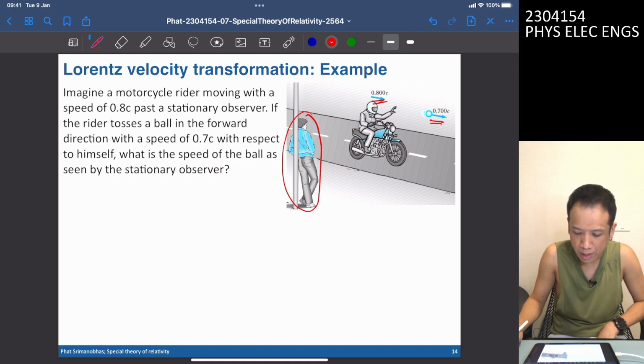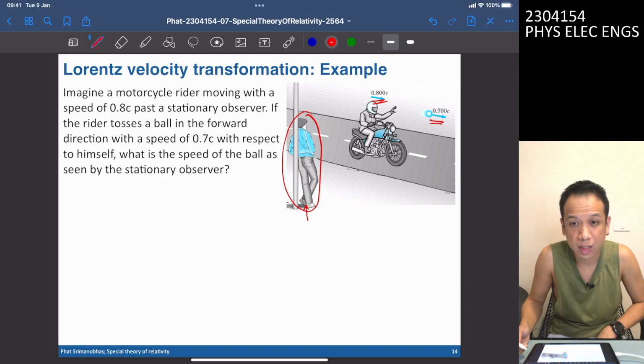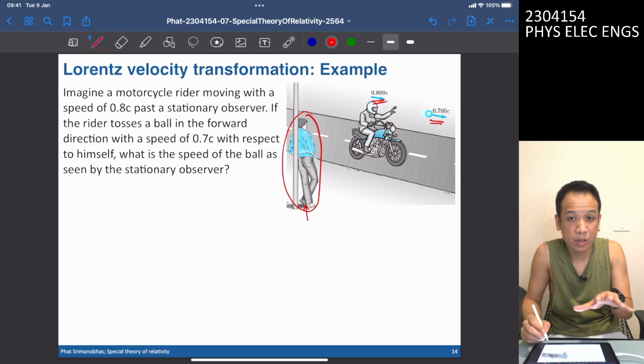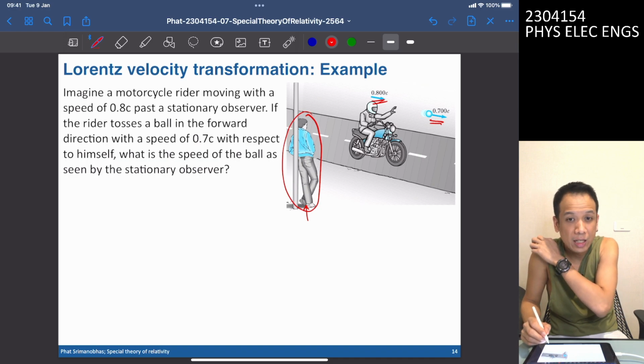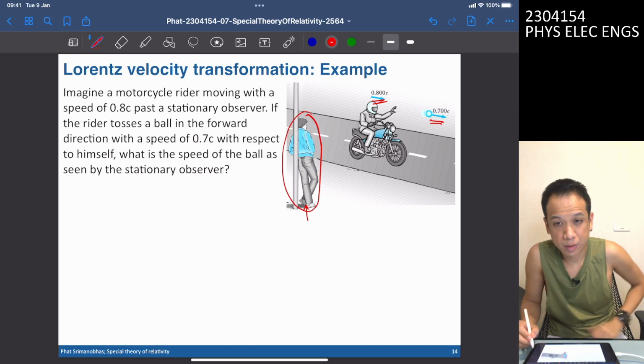So the question is: how does this person see the speed of the ball? We don't need to talk about the biker seeing the speed of the ball, because he is at rest in the frame, so clearly he will see 70% of the speed of light.